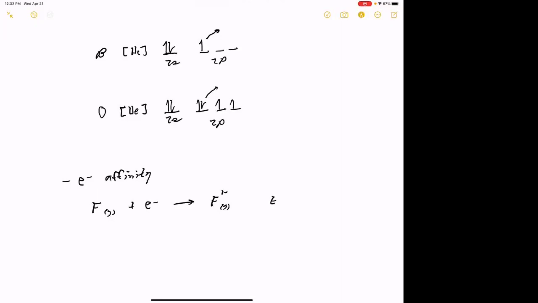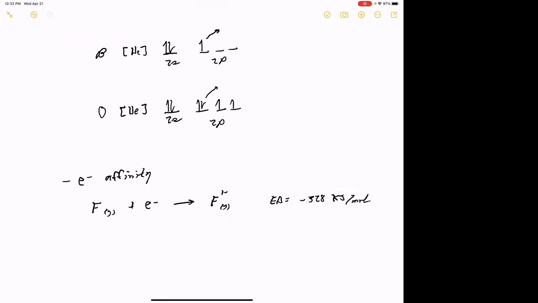So EA is electron affinity. The value for this is minus 328 kilojoules per mole of fluorine atom that I force electrons into. Okay, so it's an exothermic property. So what this means is that we actually get energy back by forcing an electron into fluorine.